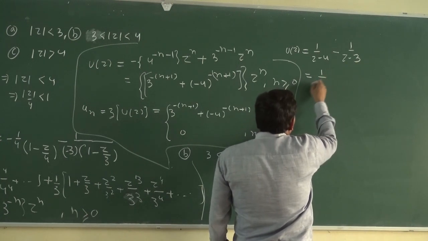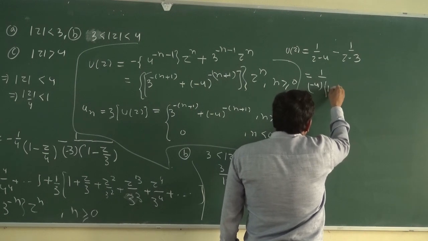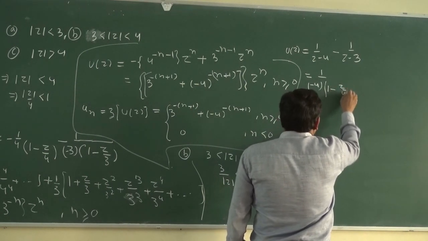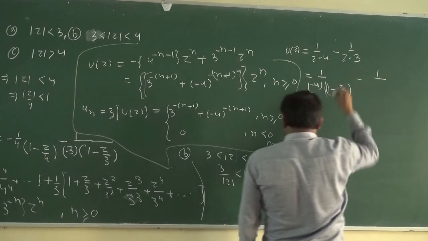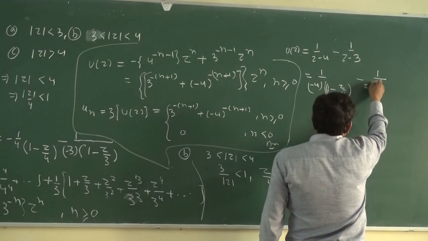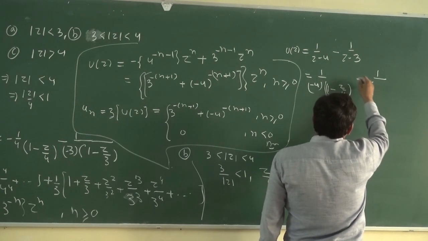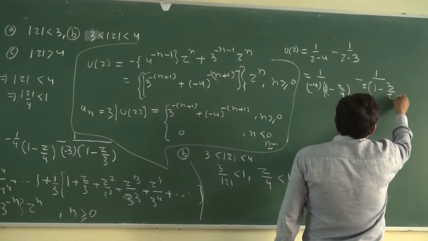So simply write here: take common from minus 4, we get 1 minus z upon 4, and minus, take z as common, 1 minus 3 upon z.